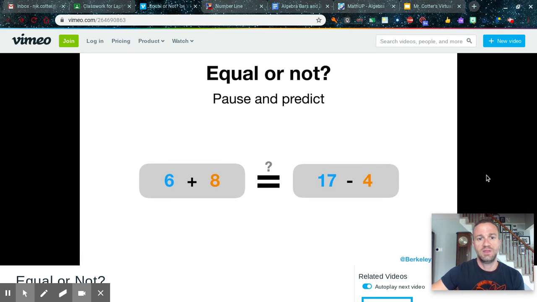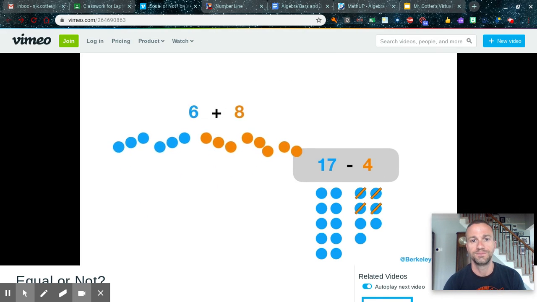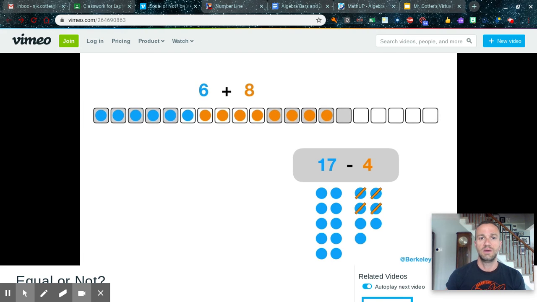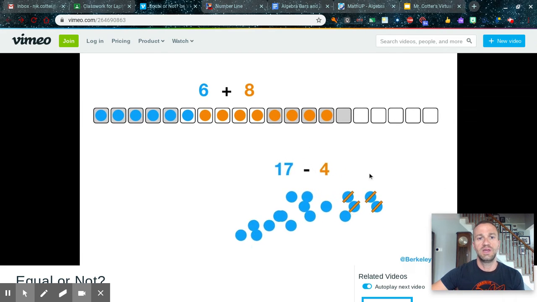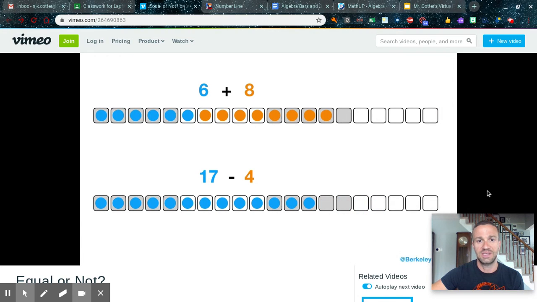And so we're stopping to think, will 6 plus 8 actually be equal to 17 minus 4? And one thing I like about this video is that it really shows you your sets of fives as well. And so you can ask yourself right now, are these actually equal?